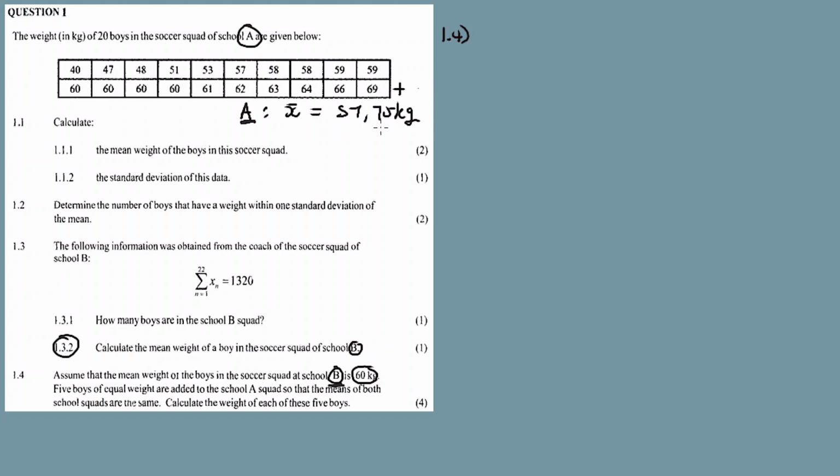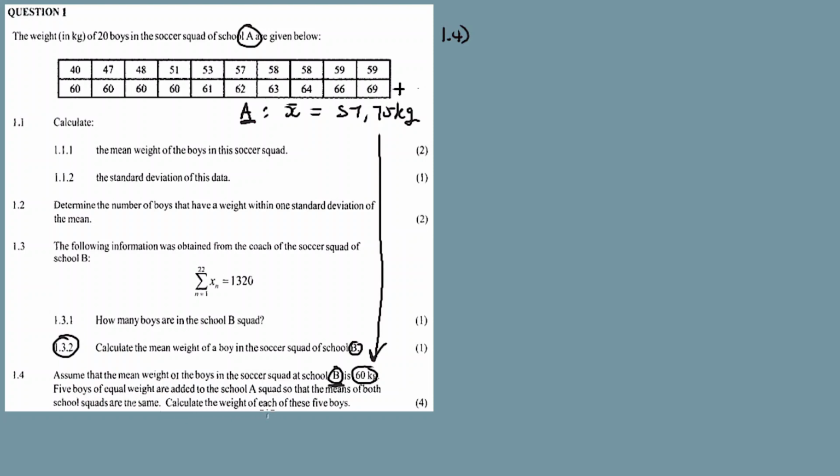So the mean for school A will increase until it equals the mean of school B. They are telling us that when I add 5 more boys, the mean increases in school A so that the means are the same for both school A and school B.